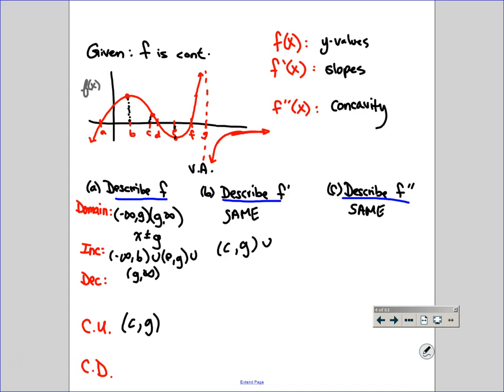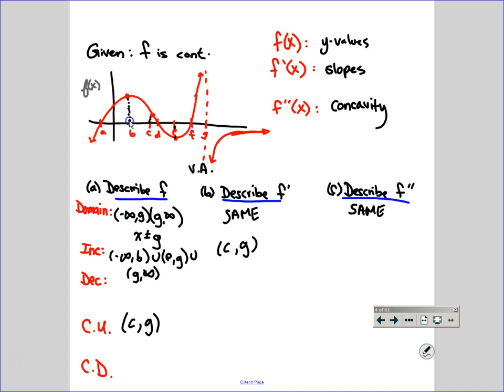Isn't concave up part of the definition that the slopes are increasing, or the derivative is increasing, or the derivative's derivative is positive, right? If the derivative's derivative is positive, then the derivative must be increasing. So is there anywhere else I have a concave up portion of my graph? No. Okay, well, check it. That's the only concave up. That's concave down and that's concave down.